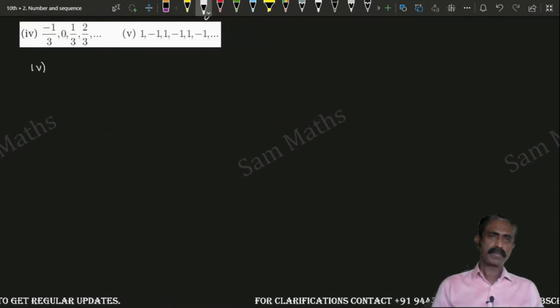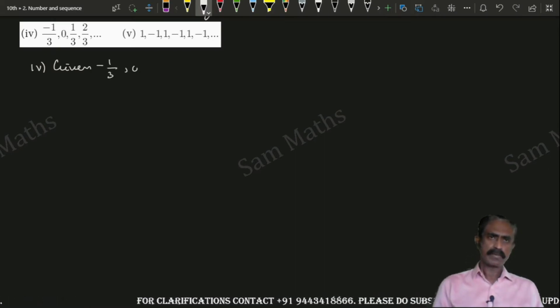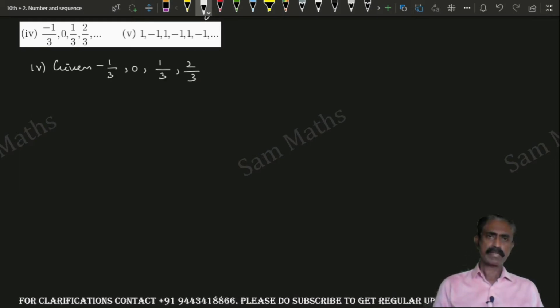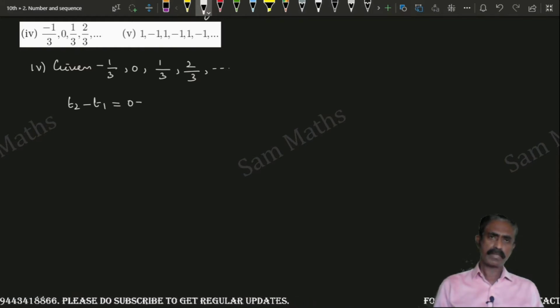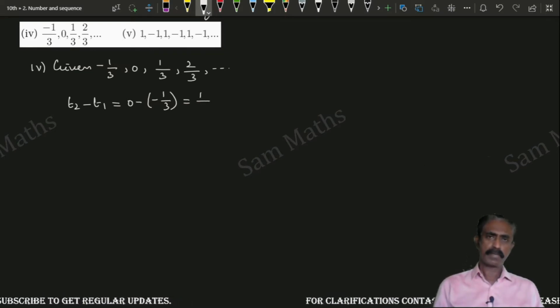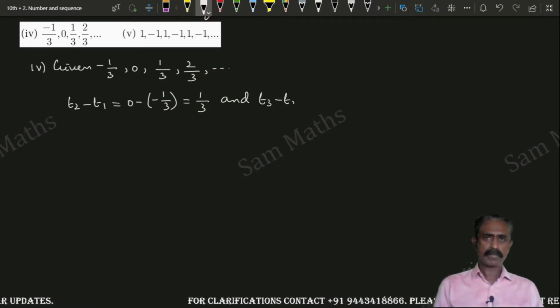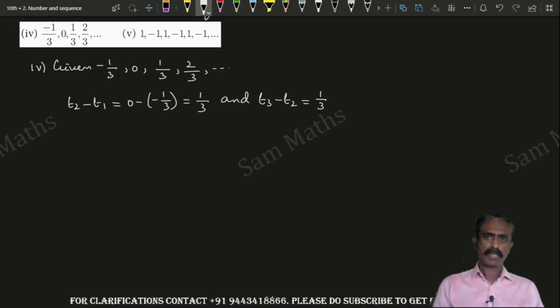Fourth subdivision, given minus 1 by 3, 0, 1 by 3, 2 by 3, etc. Now we can calculate T2 minus T1, 0 minus of minus 1 by 3, that is equal to 1 by 3, and T3 minus T2, third term is 1 by 3 minus 0, that is equal to 1 by 3.